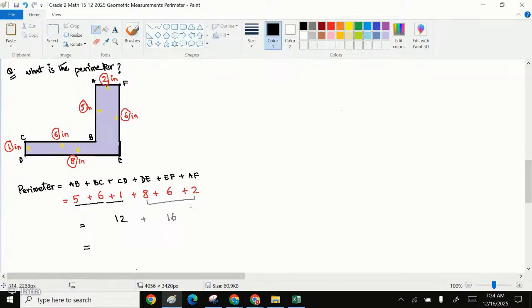Let's see who answers, right? 12 plus 16 is 28. And what is the unit used over here? It's inches. So you write inches. Okay. So we have to give the unit.